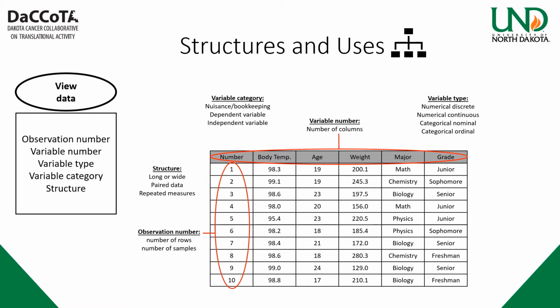They can be nominal, like major. There's really no way you can order these from high to low, worst to best, or anything. But ordinal ones like grade, we can see they can be ordered: freshman, sophomore, junior, and senior. And then we can look at more complicated structure, like whether the data is long or wide, paired, or repeated measures, but those are a little more advanced.